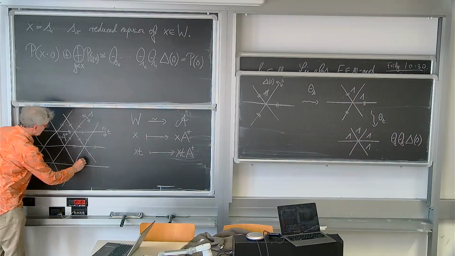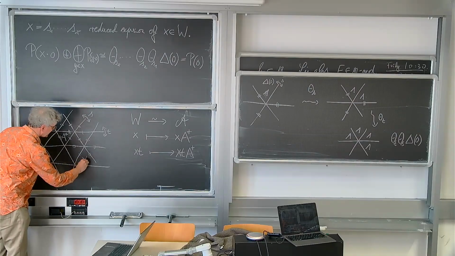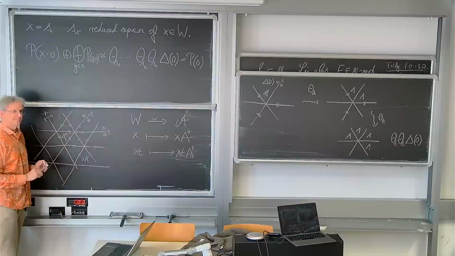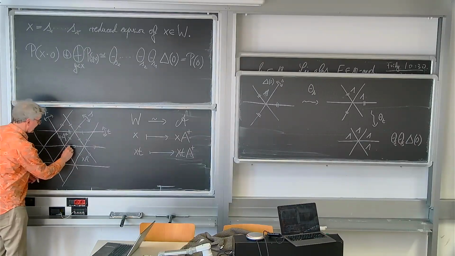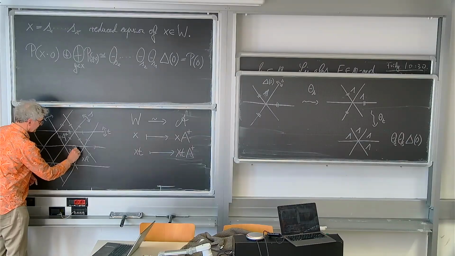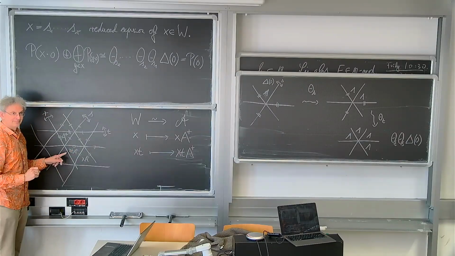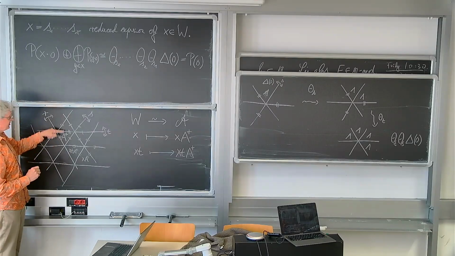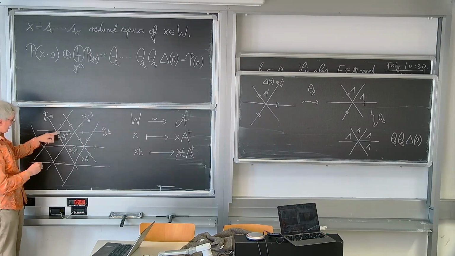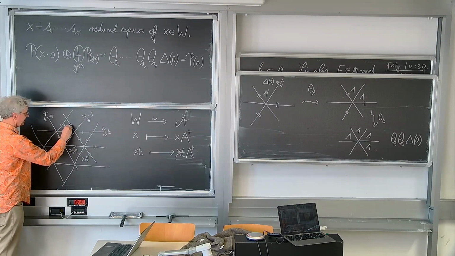So let's suppose our alcove X A plus is here. Then we know that the alcove X T A plus should be here, because the alcove T A plus is certainly the one which meets A plus along this line. So this is T A plus here.